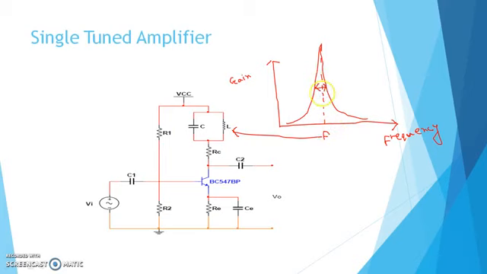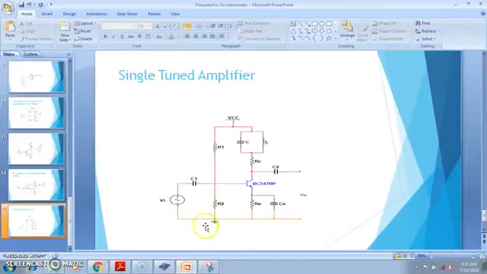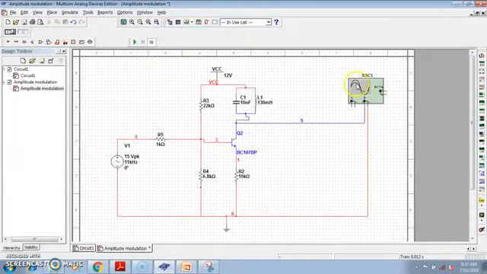So that other frequency components get no chance to amplify as at this frequency. Is this graph applicable for this circuit? Let us check. We will now do the simulation. To get the gain versus frequency graph, what do we have to connect? We have to connect a Bode plotter. So see, here the Bode plotter is there.